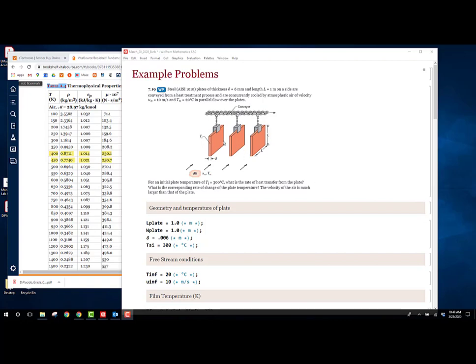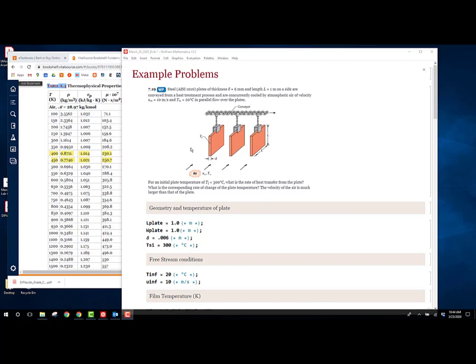So what we have over here are a number of plates that are coming out of a heat treating furnace, and they're moving from left to right at a relatively slow rate, and they're subject to a cross flow of air at a velocity of 10 meters per second and at a free stream temperature of 20 degrees C. So it states here that the velocity of air is much larger than that of the plate.